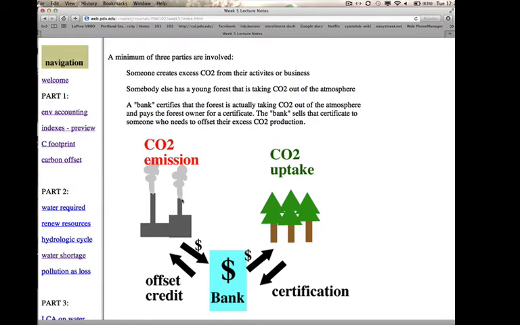But when it comes down to it, if they have extra CO2, they could pay for a forest to grow that, and then this forest would be either a new forest growing or a forest that they bought and kept from being cut down. So all of those sorts of things benefit the environment.